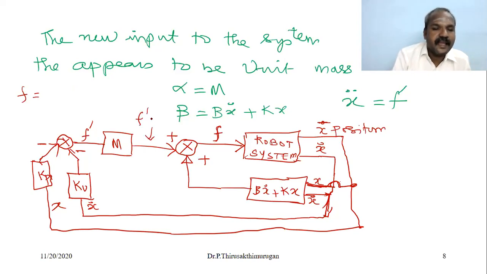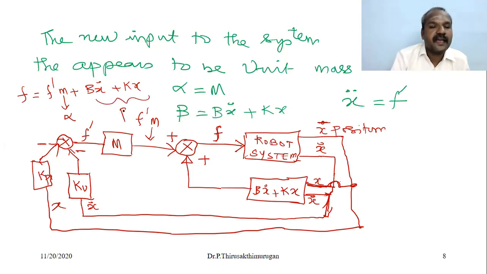F dash m. So we consider alpha. This m is alpha. Okay, so f dash m plus b x dot plus k x. So what we consider? This is alpha, this is beta. So this is beta, this m is alpha.